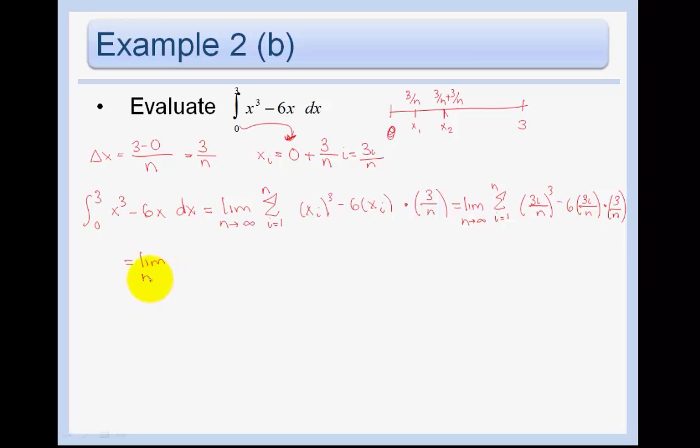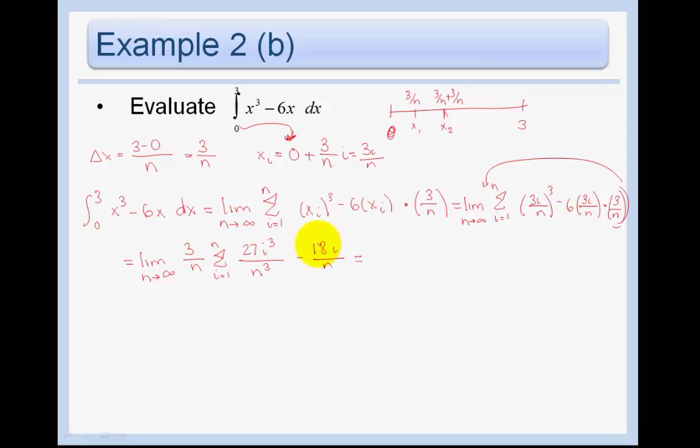Keep going. Now I can factor this 3 over n out of the summation because it doesn't have any i in it. I can't take it out of the limit because it has an n in it, but I can factor it out of the summation. So I'm going to do that. Okay, so what do we have?